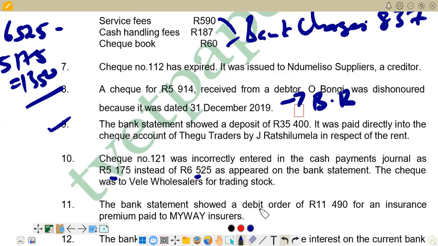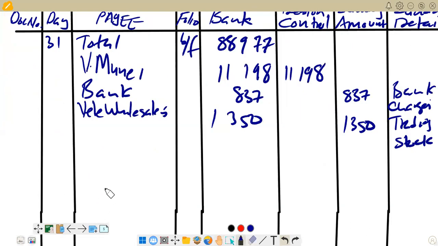So it means this is a payment. It's supposed to go to the payment journal, which is 11,490. And you see that the payee is My Way. My Way Insurance is the payee. So you can just go there and put this one. This is our payment journal, My Way, and then the amount is 11,490.